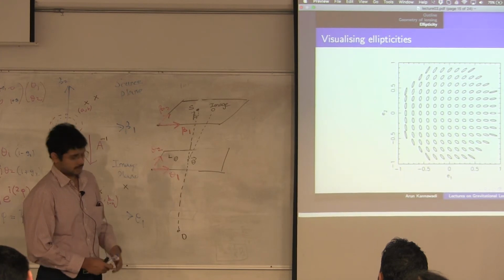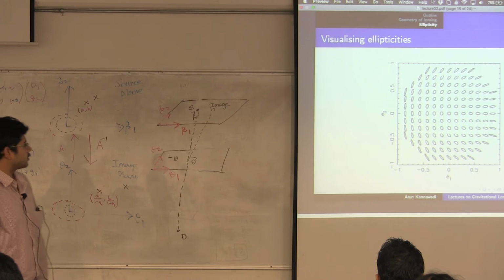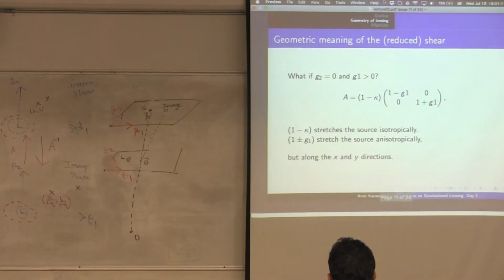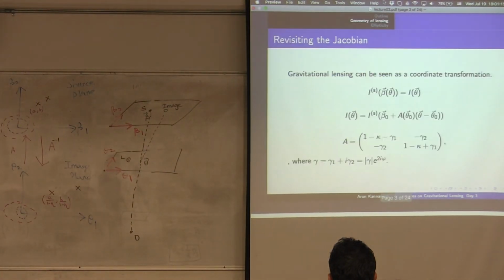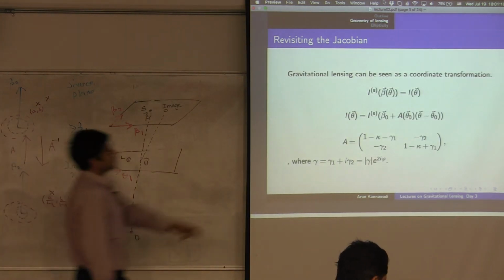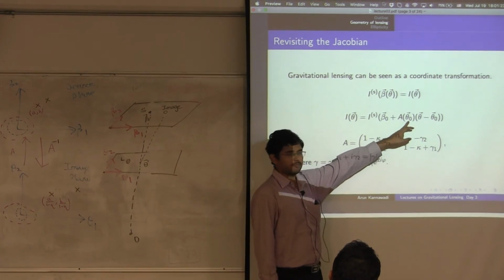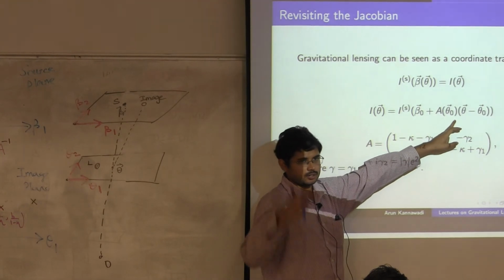So if you recall, this A matrix was specific to a particular image at an image location theta naught.